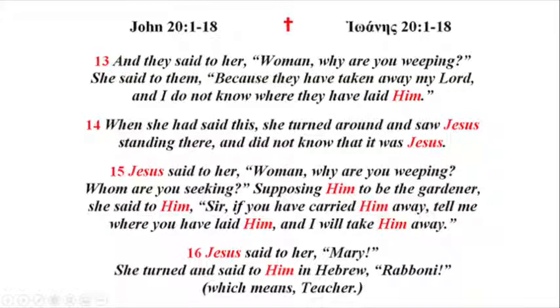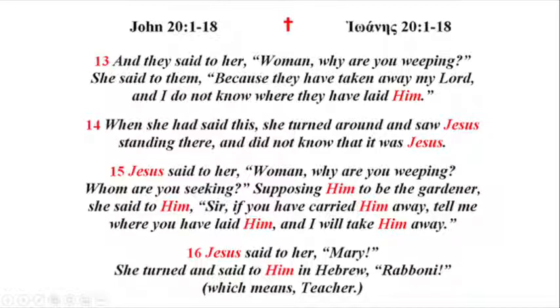You know, while we're here, let's just go on, because there's a cool thing that happens. The angel said to Mary, this is verse 13, "Woman, why are you weeping?" And she said to them, "Because they have taken away my Lord, and I do not know where they have laid him." When she said this, she turned around and she saw Yeshua standing there, and did not know that it was Yeshua.